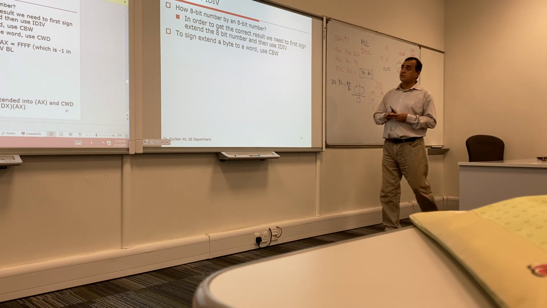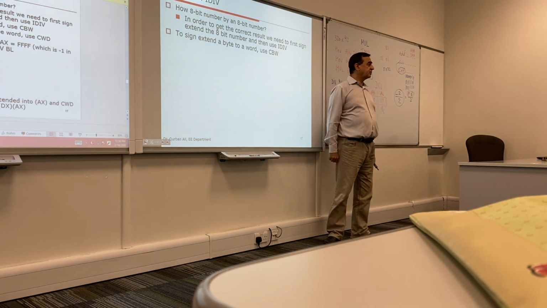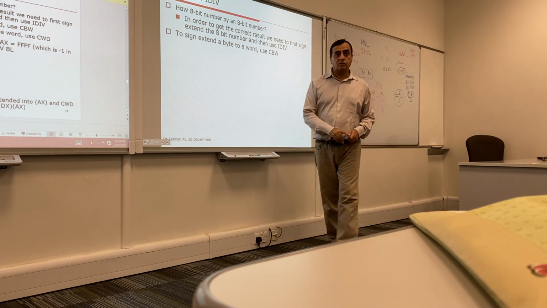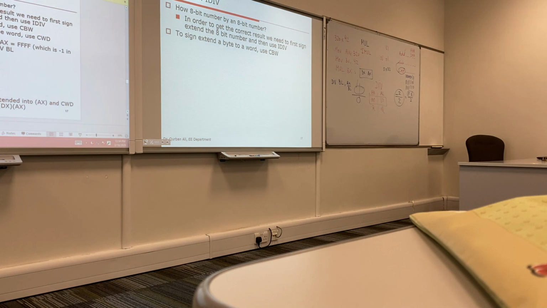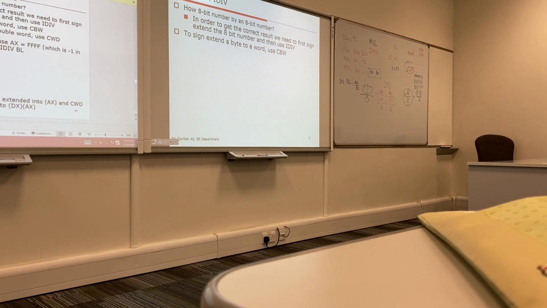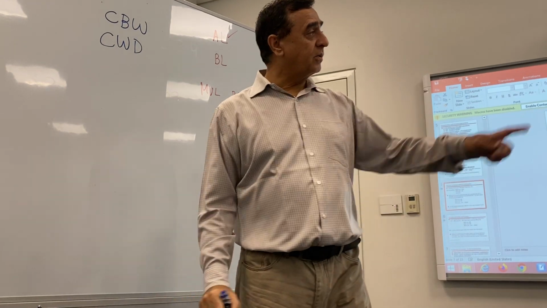So the instruction is CBW, convert byte to word. The purpose of CBW is to make a byte double. Another instruction is convert word to double word.